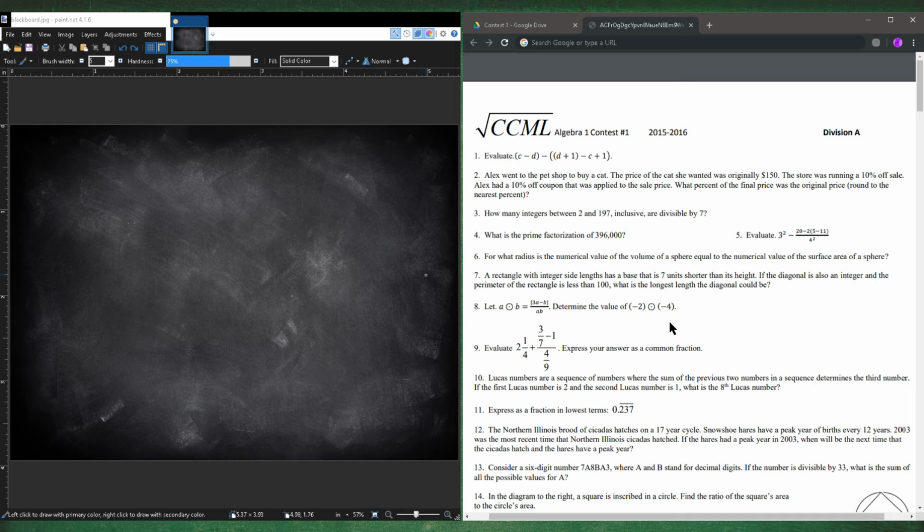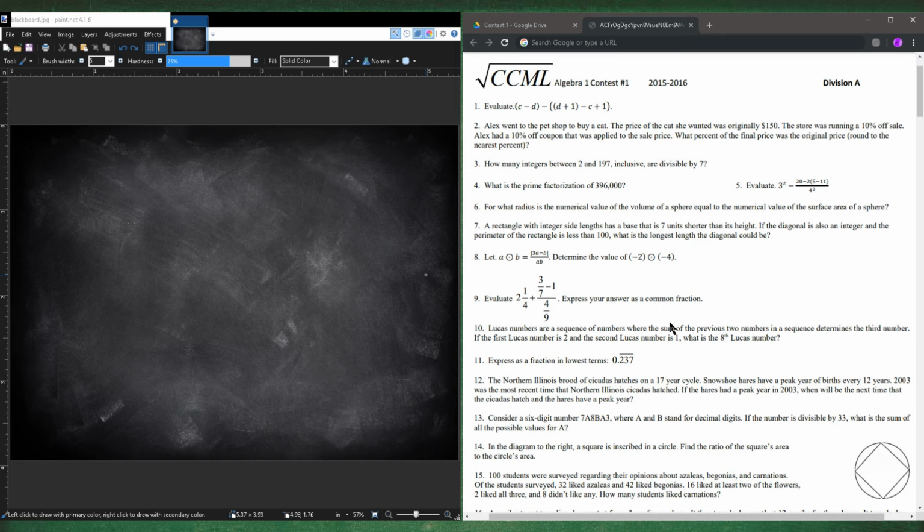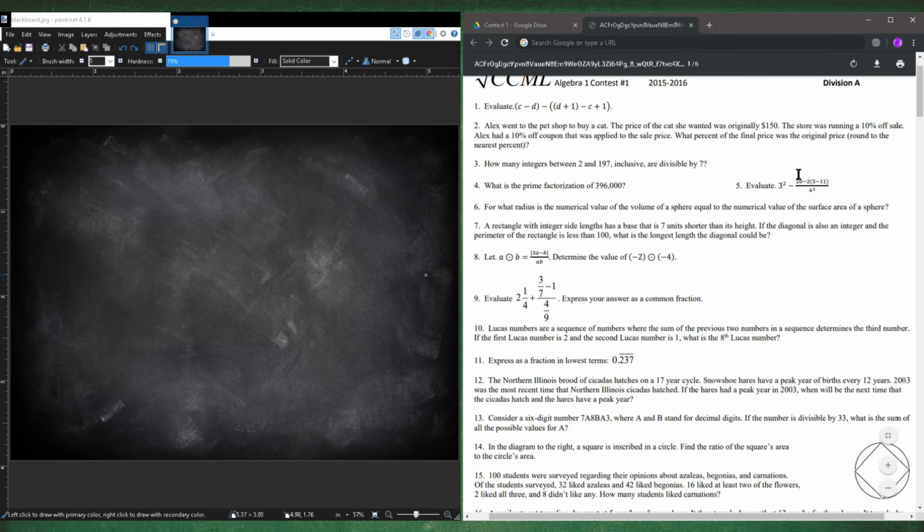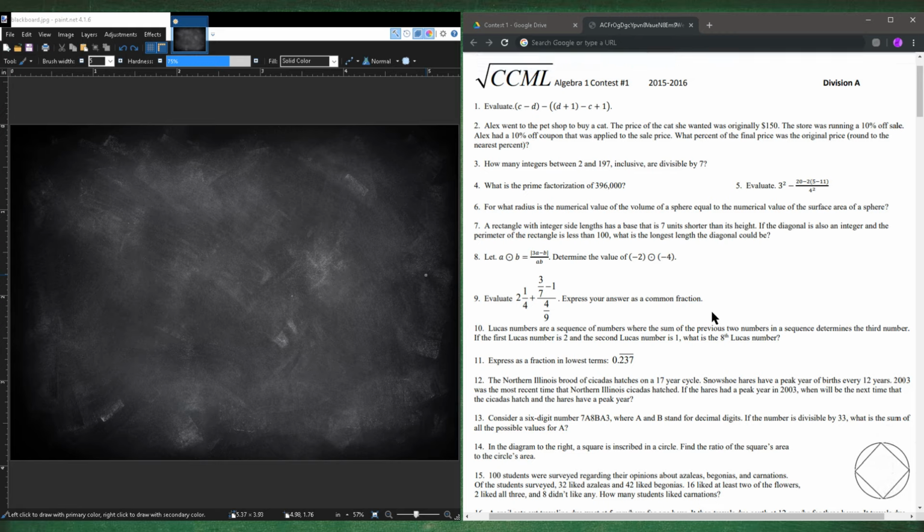Number 9. Evaluate 2 and 1/4 plus 3 over 7 minus 1 over 4 ninths. Like the case with number 5, just put this in your calculator and you'll get it right.